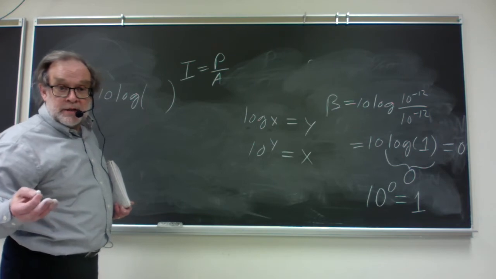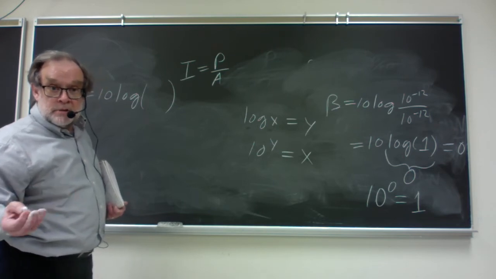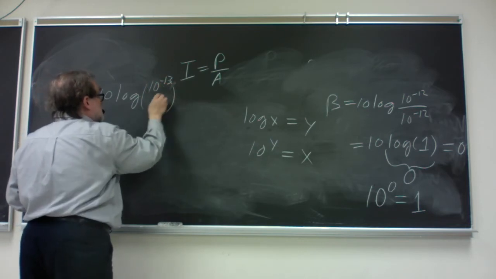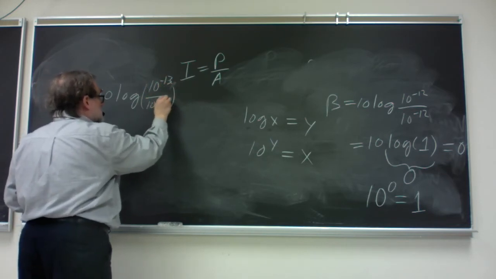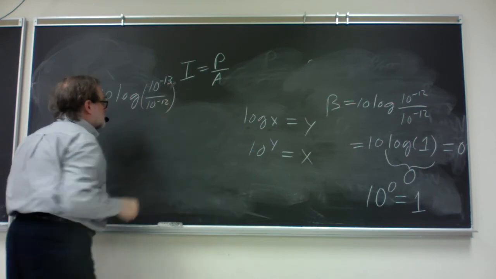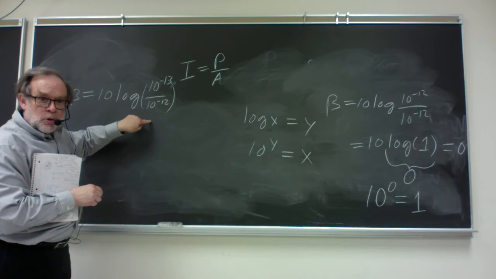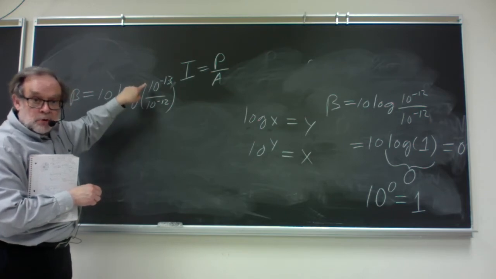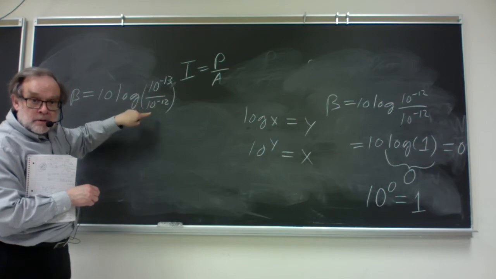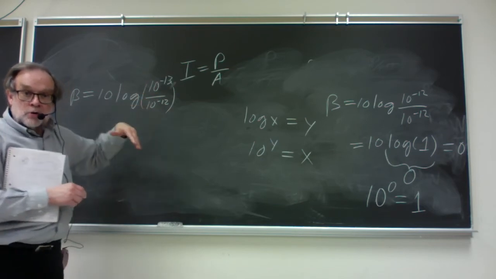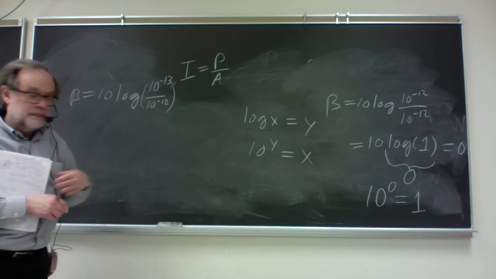Humans can't hear it because it has an intensity less than 10 to the minus 12. 10 to the minus 13, divided by 10 to the minus 12. Well, this number is smaller than this number by a factor of 10. This number is 1/10 of this number. So this fraction here is actually 1/10.